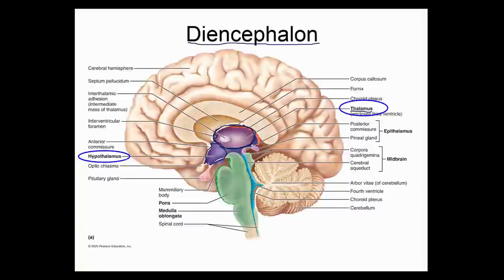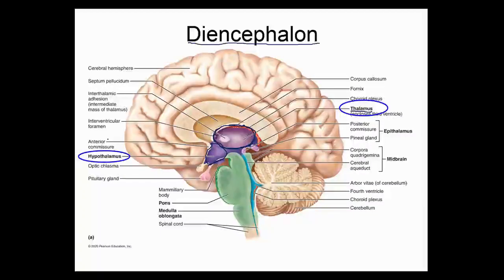It's involved heavily with sleep and temperature control, and we'll see there's quite a few structures that perform those sleep and temperature control functions. It's something that's fairly well regulated within the brain.